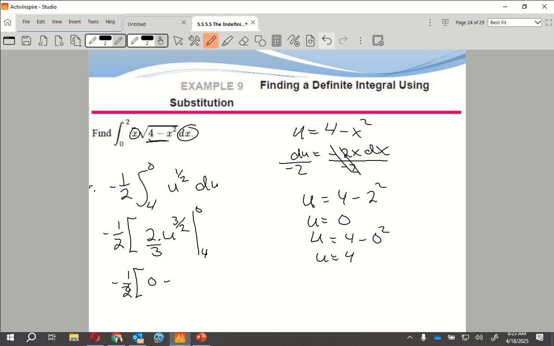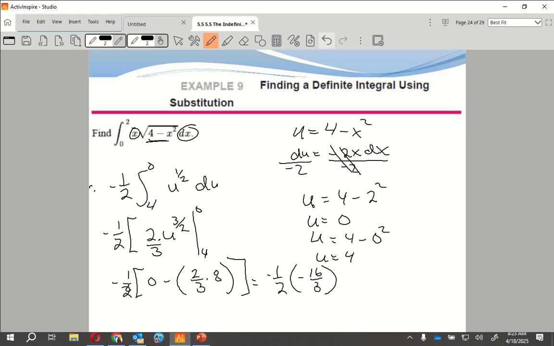So it's 8 times 2 over 3. That's going to be a negative over here, 0, so it's going to be negative 1/2 times negative 8 over, no, 16, because there's that 2 right there. 16 over 3.